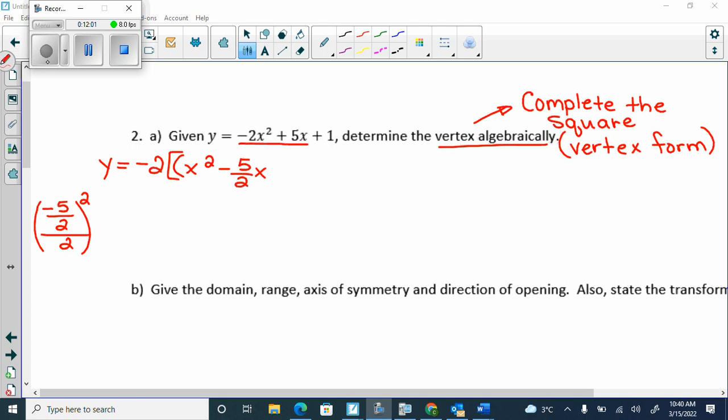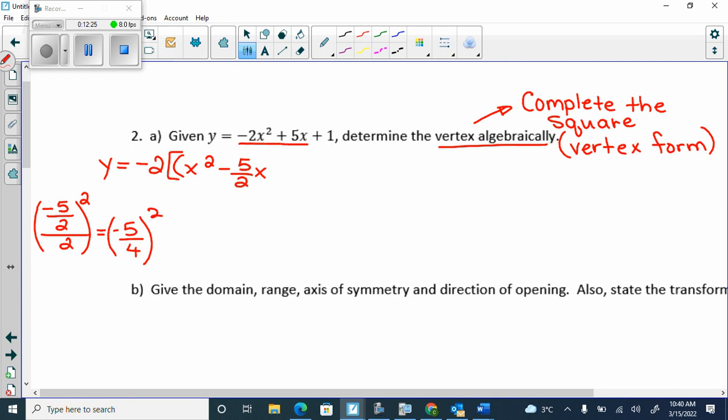Okay, so can you type into your calculator negative 5 divided by 2 in brackets, because it's a fraction, right? Divided by 2. What do you get? Press math, enter, enter. It's going to be negative 5 over 4.